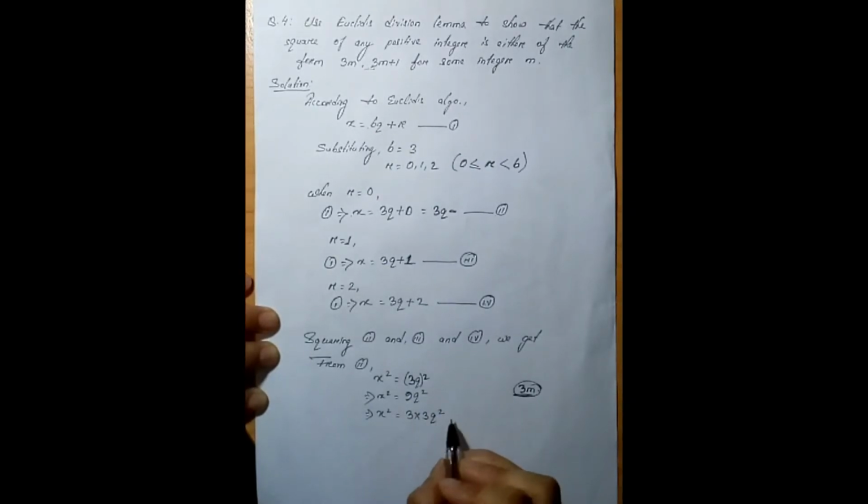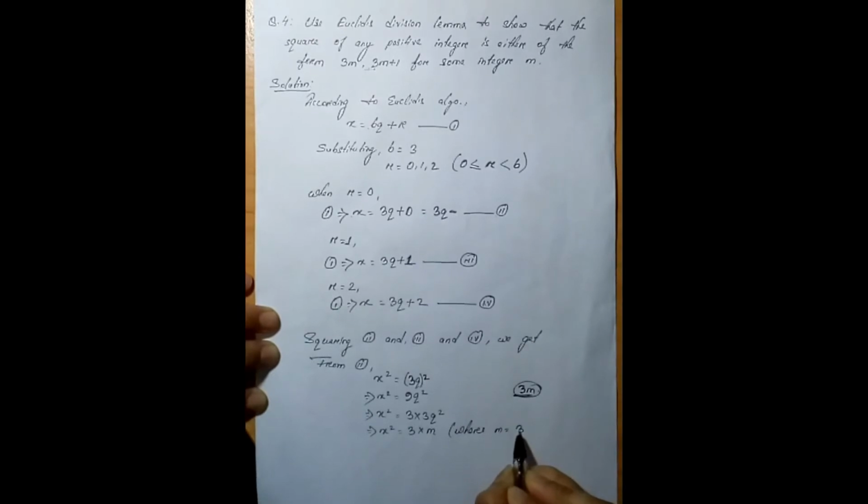So we can write 3, and these things we will write as m, where m is equals to 3q square. See, we have taken these values as m.